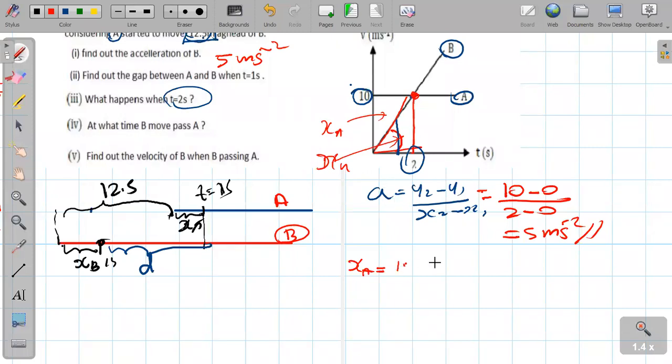So 10 times 1, it's like 10 meters. It has moved some 10 meters. What about x B? What is x B? Base is like, sorry, 1. Time axis is 1.